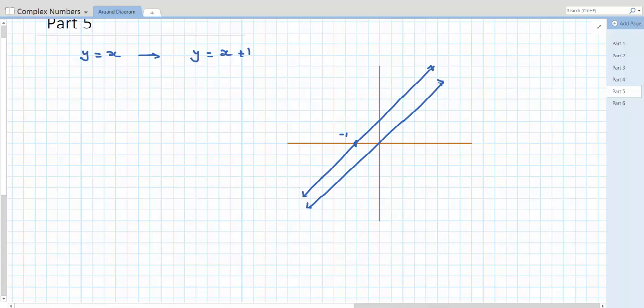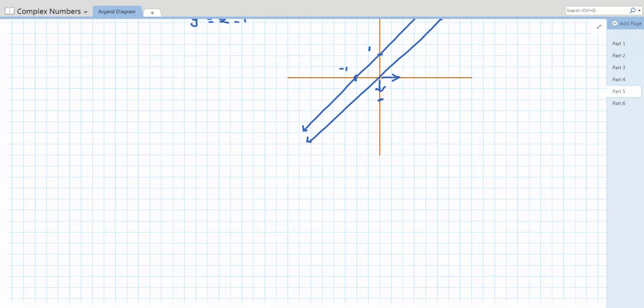We usually talk about it being shifted up by 1, but you can perceive that as being shifted to the left by 1. And we know that the graph of y equals x minus 1 is shifted to the right by 1. Or we tend to talk about it moving down by 1.